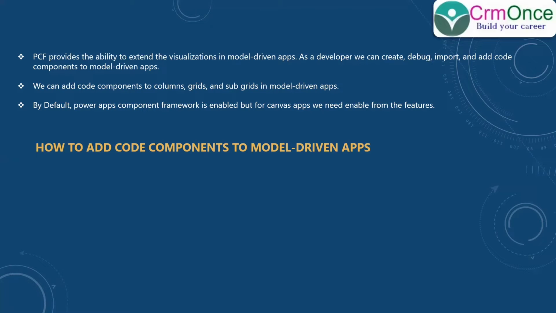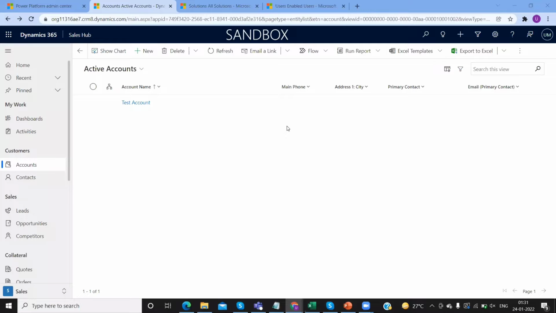So let's go through. Let me open my CRM environment. Sorry, now it's completely a Power Apps model-driven app. Let me open that and show you. So this is my CRM environment. I just took the account entity as an example.